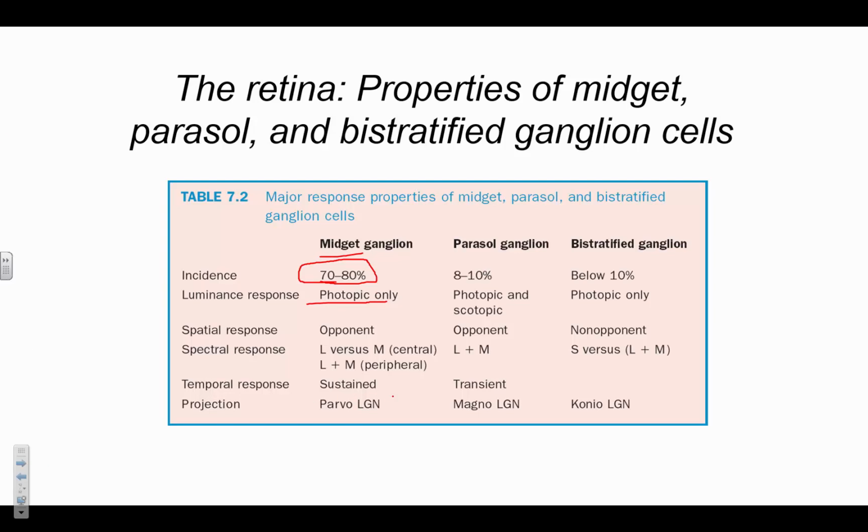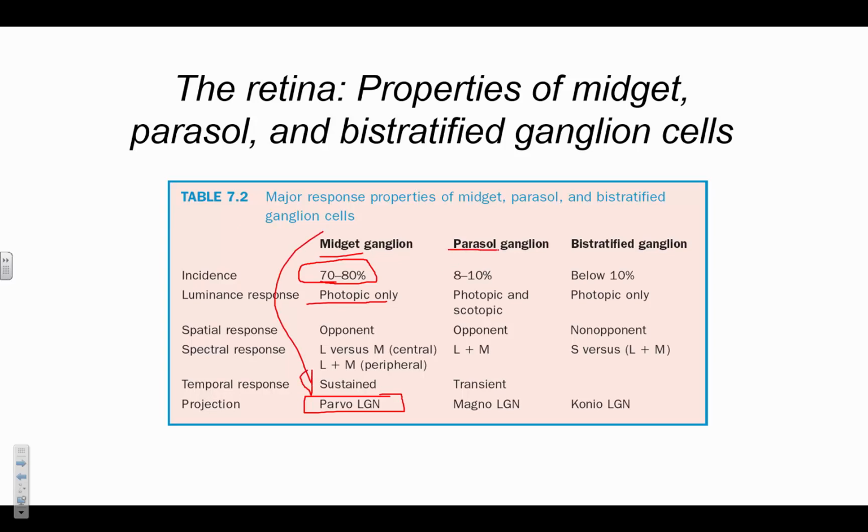They will project to something called the parvocellular layers of that LGN that we talked about a few moments ago. Anybody know what the word parvo means? Not that disease. Parvo means small, right? And so that kind of falls in line there with your midget cells and the parvo, right?